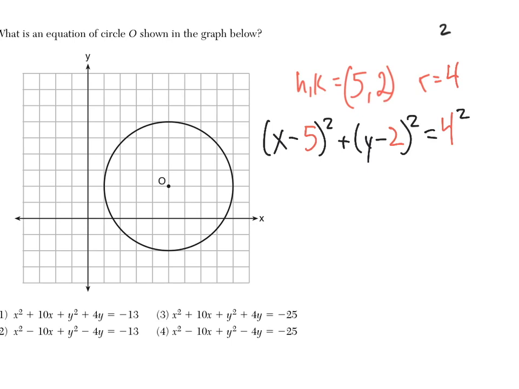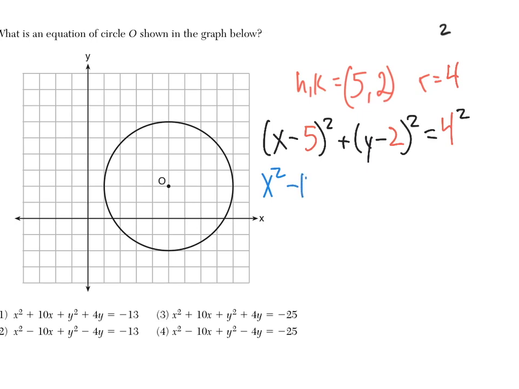Now we're going to need to FOIL x minus 5. X times x is x squared. X times -5 is -5x, and then, going first, outer, inner, last, it's again -5x, and then -5 times -5 is positive 25.